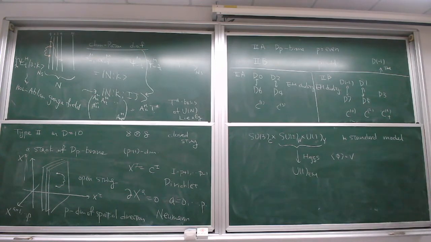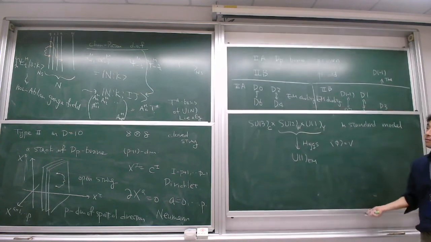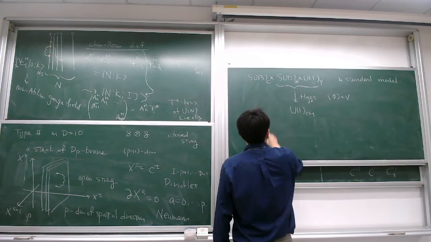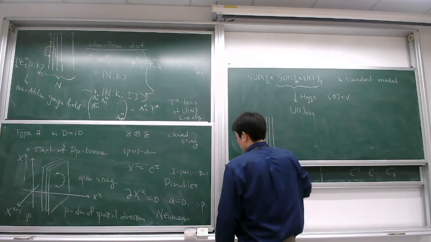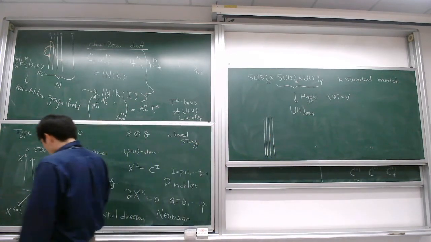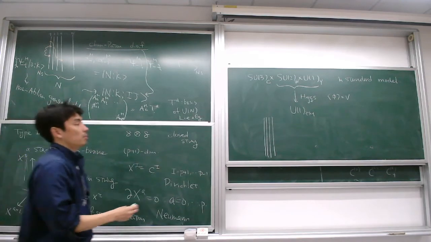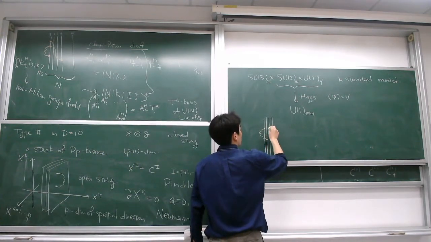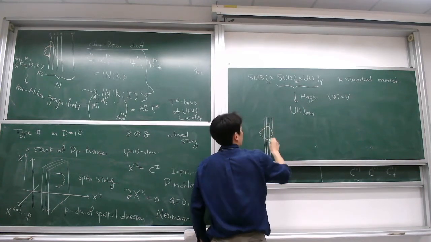You can do the same thing using D-branes. If you have a stack of D-branes, you have massless open strings.